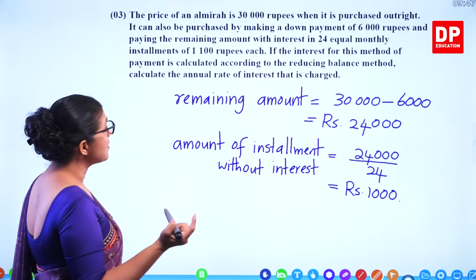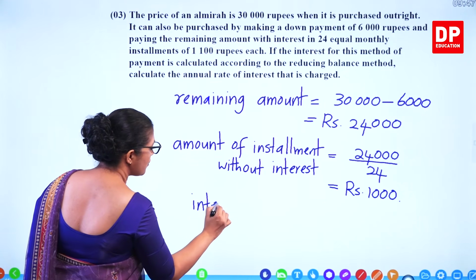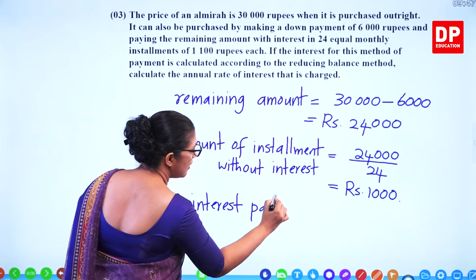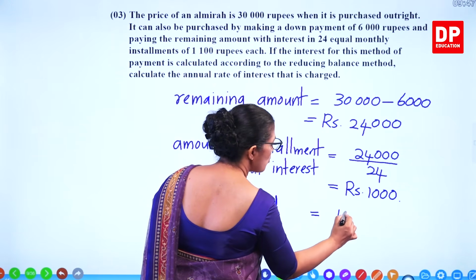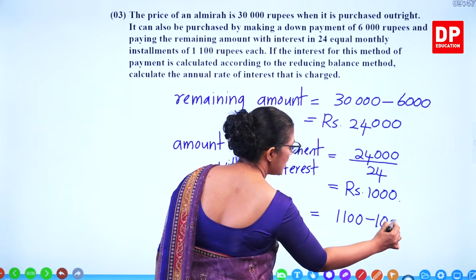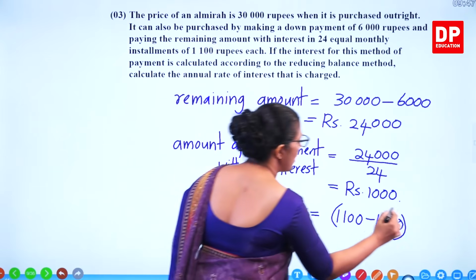So what's the interest paid? Interest paid 1,100 minus 1,000 into 24.